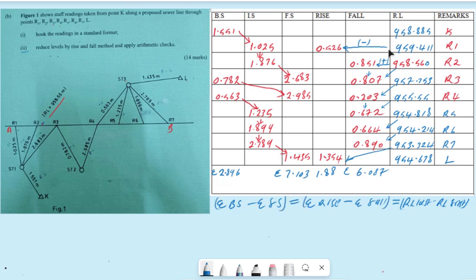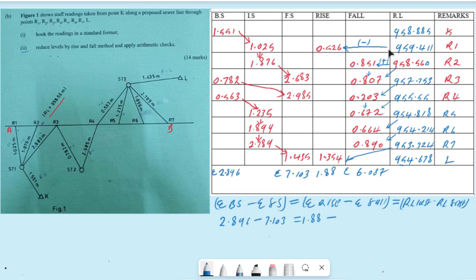So summation of backsight minus summation of foresight is 2.896. I subtract 7.103, and then this is equal to summation of rise, which is 1.88.